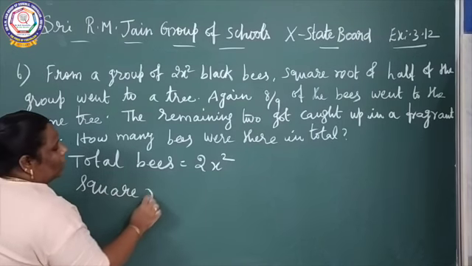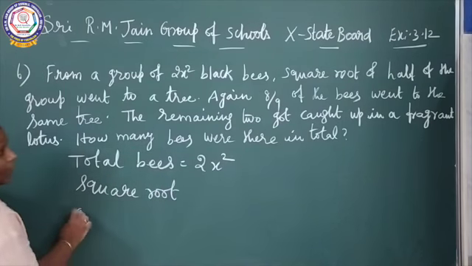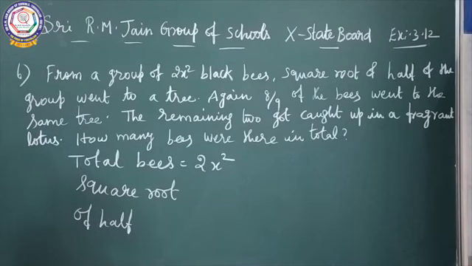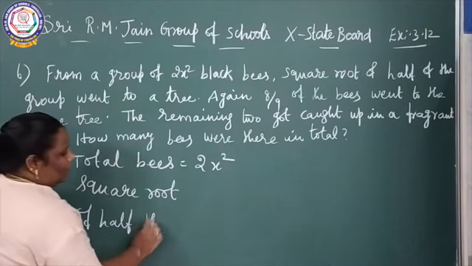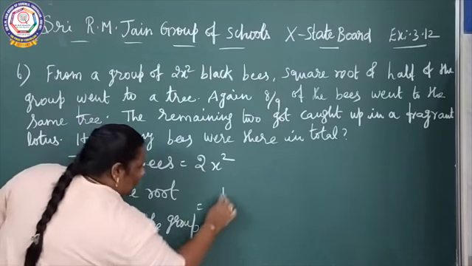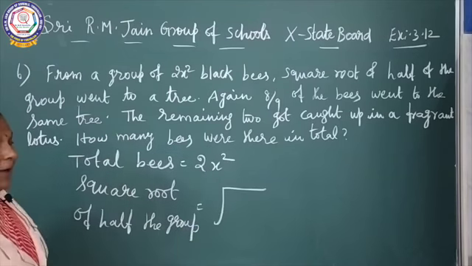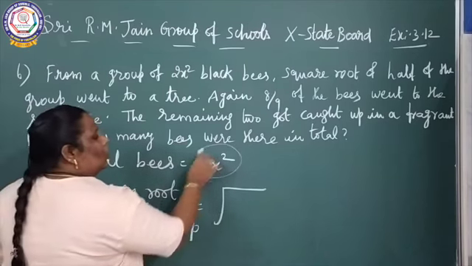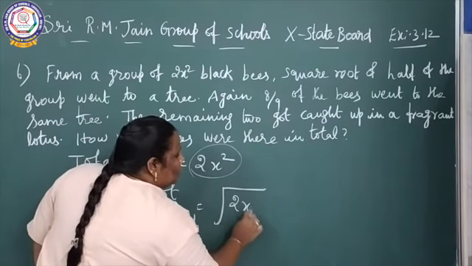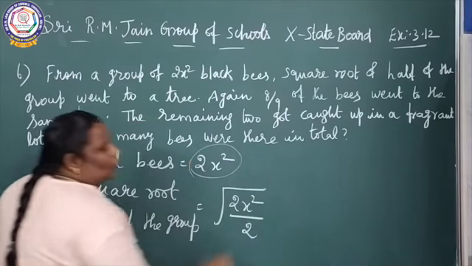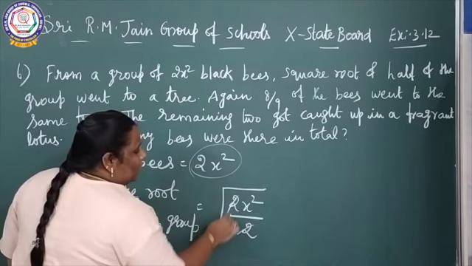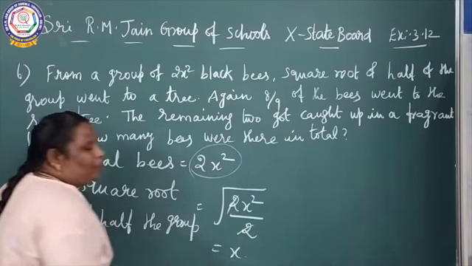Square root of half of the group. Half of the group means what? 2x square by 2. So, 2 get cancelled. What is the remaining value?